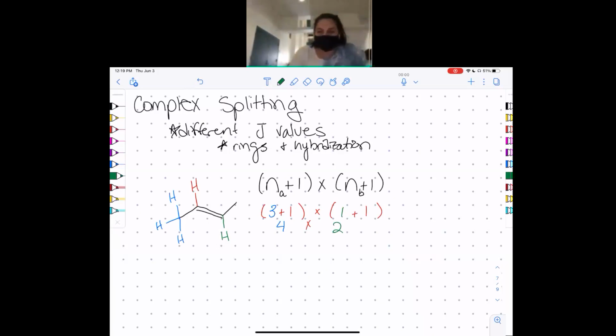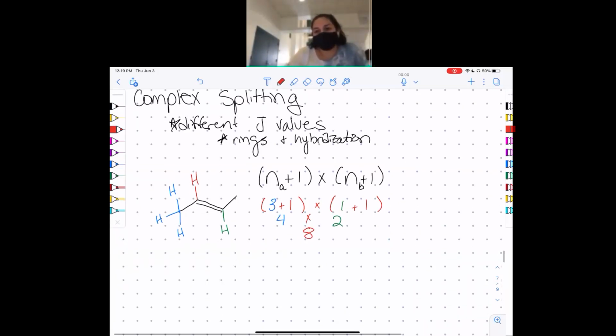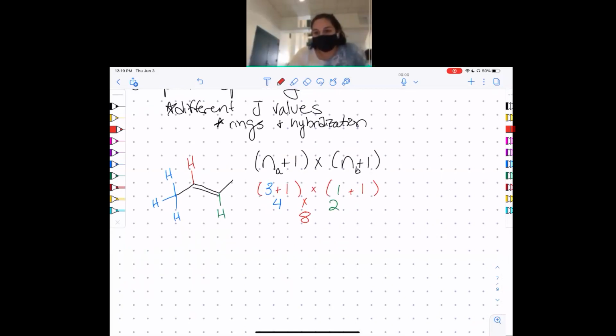And I know you guys can do simple math, but there's a reason I wrote it out like this. Trust me. And the answer is going to be 8. And so an 8 is called what? An octet. Okay, cool. Someone called it.